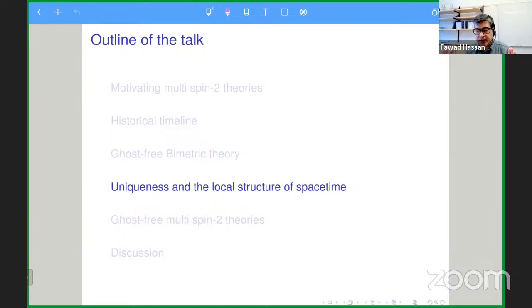So these 7 degrees of freedom split into 5 plus 2, massless plus massive, and this split is nice around these kinds of general relativity backgrounds. If you look at more general backgrounds which are peculiar to bimetric theory, and are not the same as general relativity solutions, then the classification of these 7 modes, these helicities, becomes more complicated.